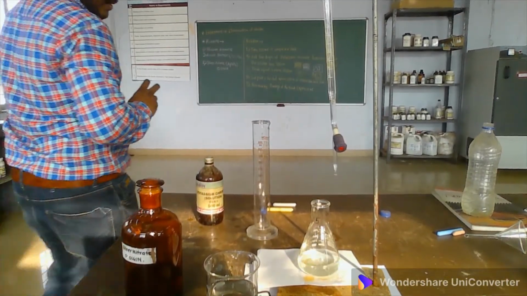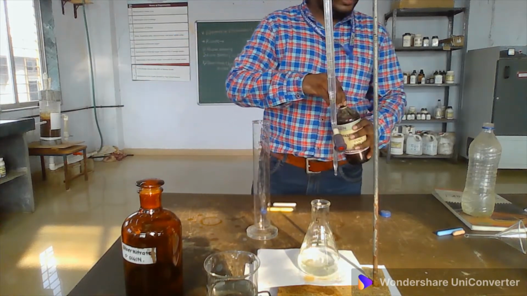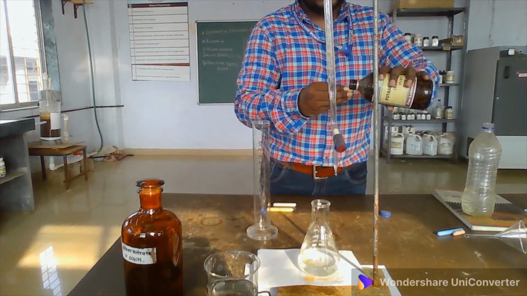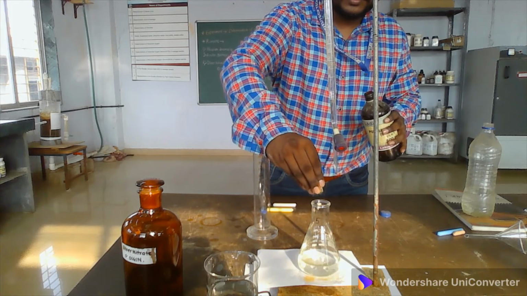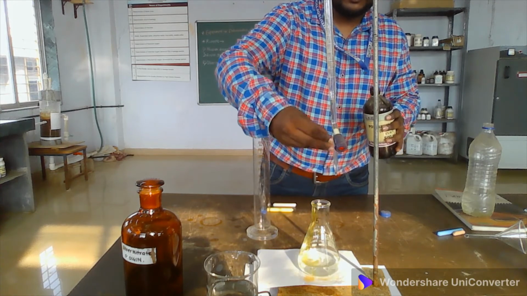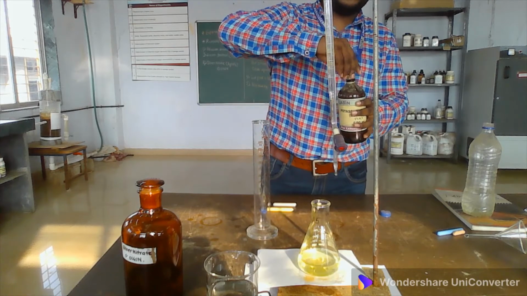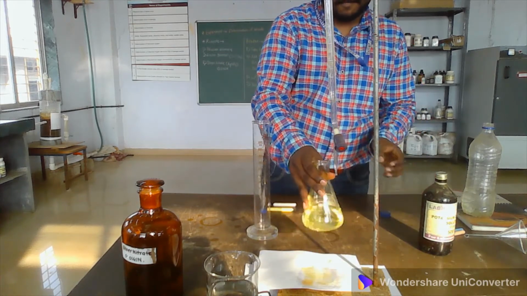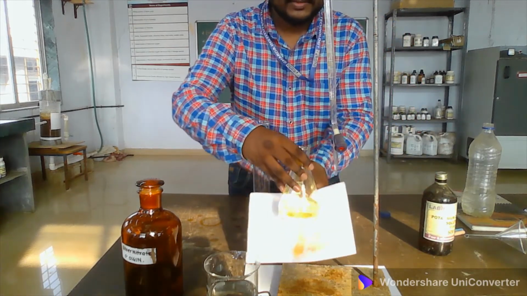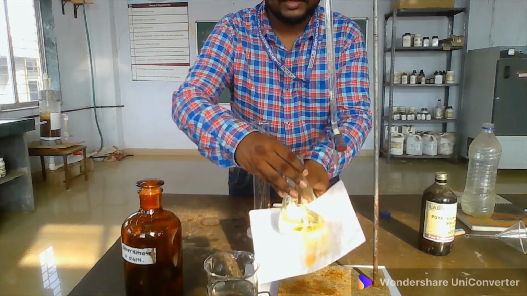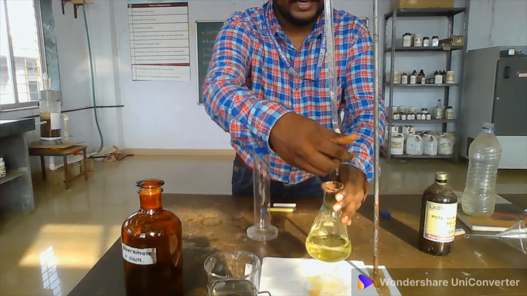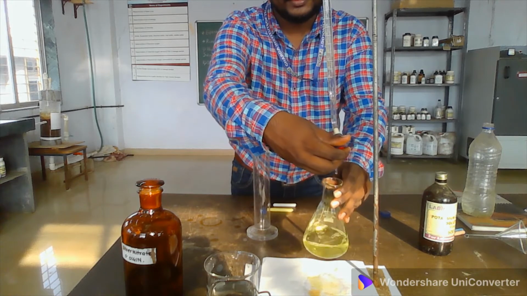In this sample I am going to add the potassium chromate indicator, 2 drops of potassium chromate indicator. Yellow color is obtained. Now you are able to see that here we have obtained the yellow color. Now we will perform the titration and we will get the reading.